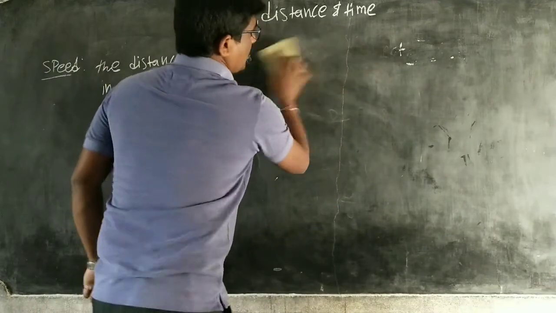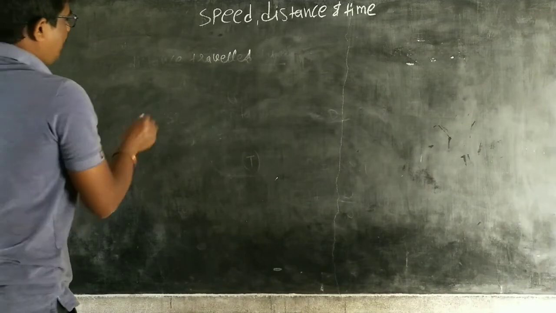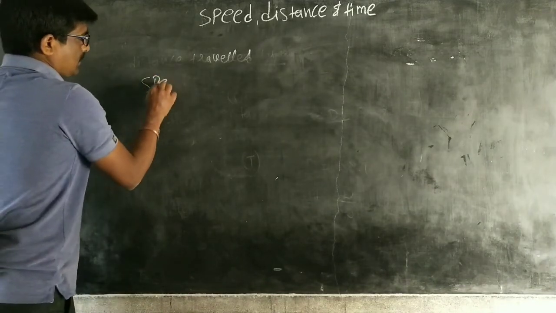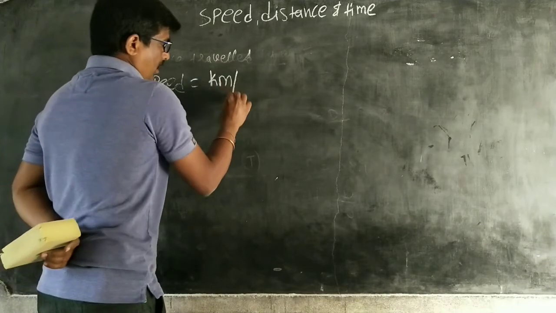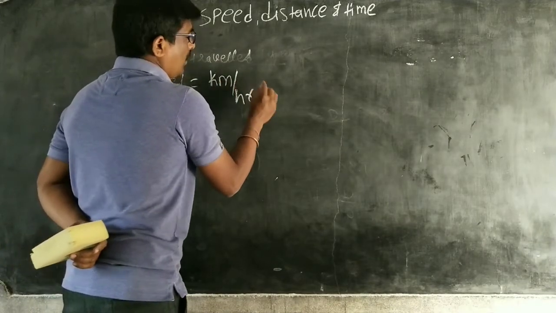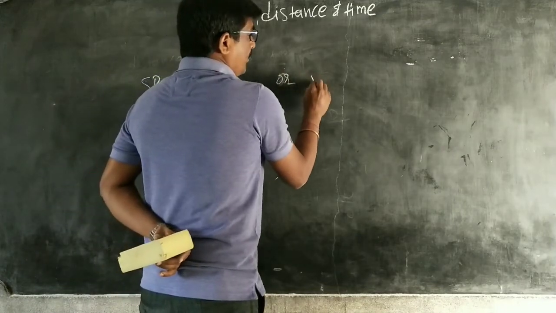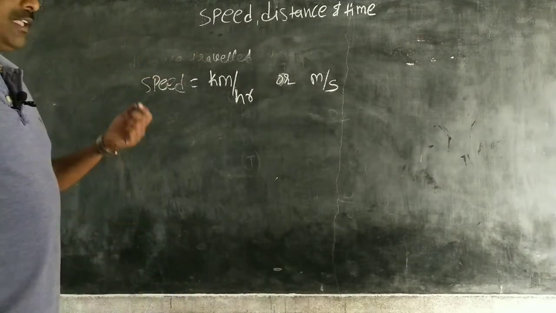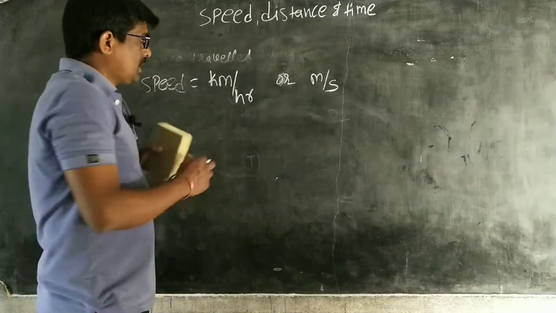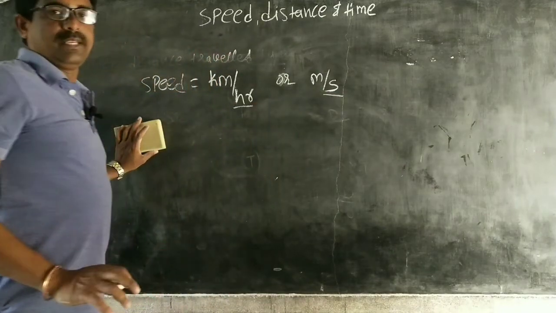Most of the time we show speed in kilometers per hour or meters per second. Most of the times the unit of time we take is hours or seconds, not minutes.